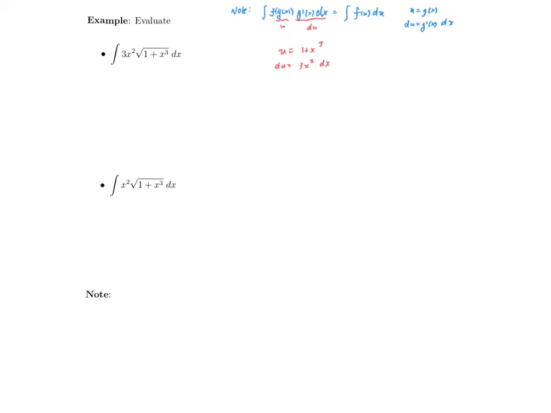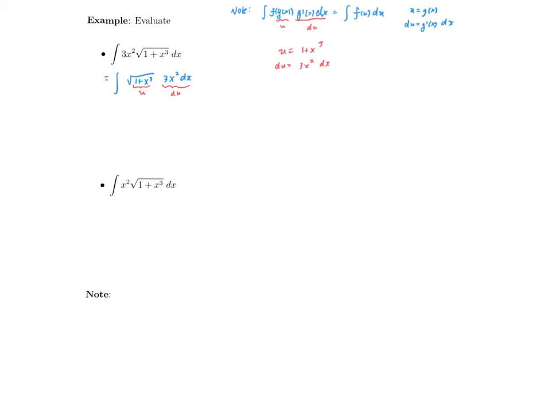And note if we change the order we're multiplying by, just for convenience with this first example, we see that we have precisely what we want. The square root of u and 3x squared dx is precisely our du.